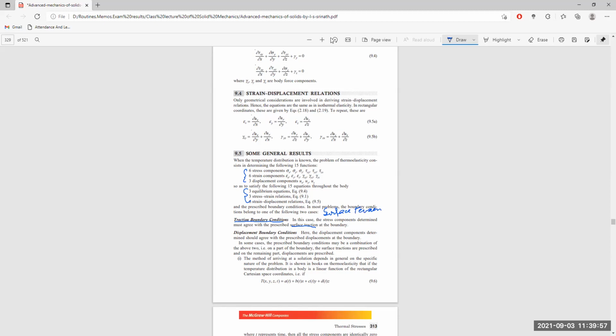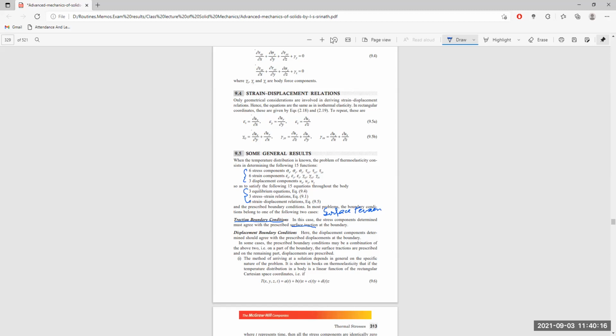But we are now mostly interested in the displacement boundary condition: how much displacement takes place at the boundary due to the hitting of a particular member or due to pulling of a particular member. The displacement components determined should agree with the prescribed displacement of the boundary.